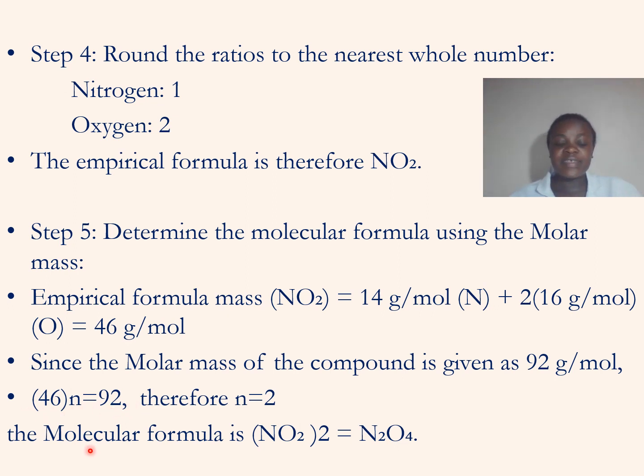This gives us our n as 2. If n is 2, we multiply it by the empirical formula so that we can get the molecular formula. So we take our empirical formula, NO2, and multiply by 2. N times 2 is N2. Then 2 oxygen multiplied by 2 will give us 4 oxygen atoms. So the molecular formula of this compound is N2O4.